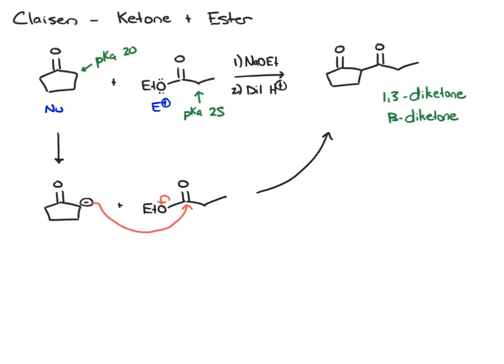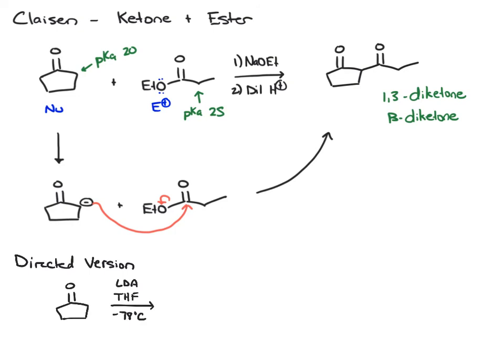You could also do a directed version of this. It's very similar. We're just going to change our base to LDA. So start with the carbonyl compound you want as the nucleophile and add LDA, just like you did in the directed aldol reaction.